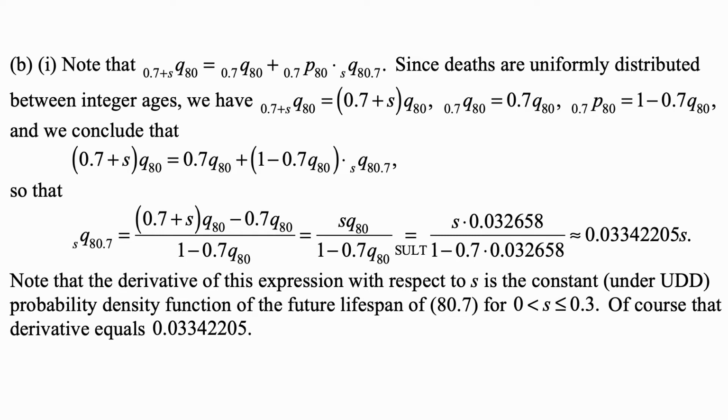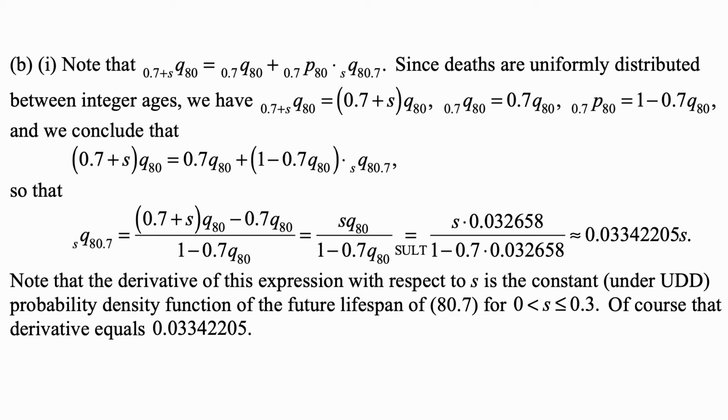For this part B, we begin by noting that 0.7 plus s q 80, the probability of an 80-year-old dying within the next 0.7 plus s years, but that's a fraction of the year because s is less than 0.3, is equal to 0.7 q 80, the probability of dying in the first 0.7 of the year, plus, given survival through the 0.7 of the year, the probability of dying in the remaining part of the year, which is s q 80.7.